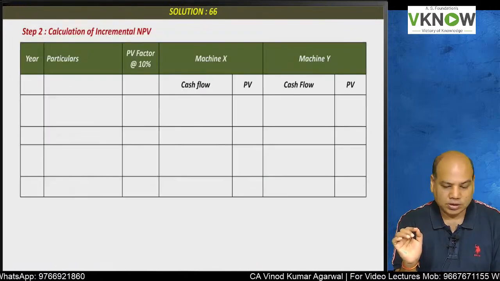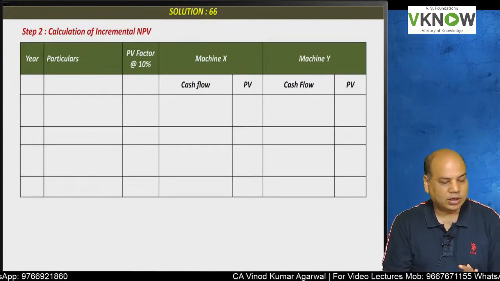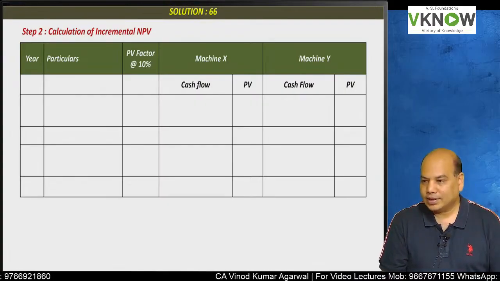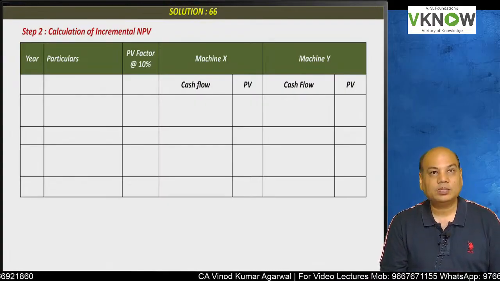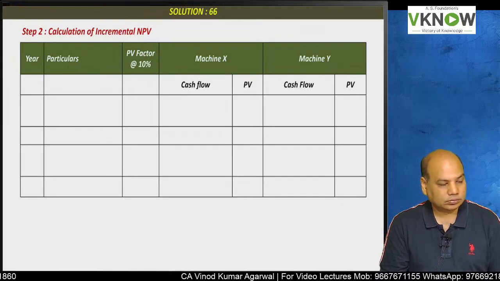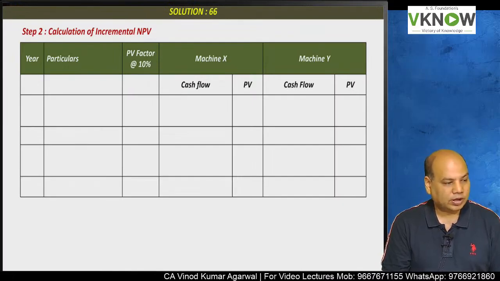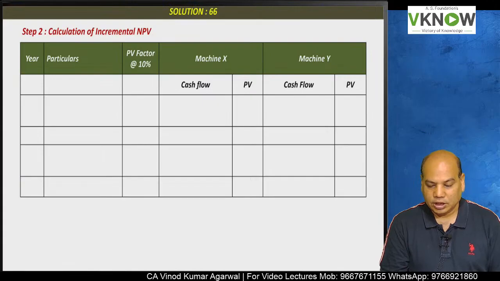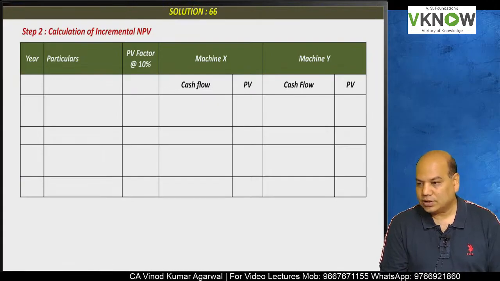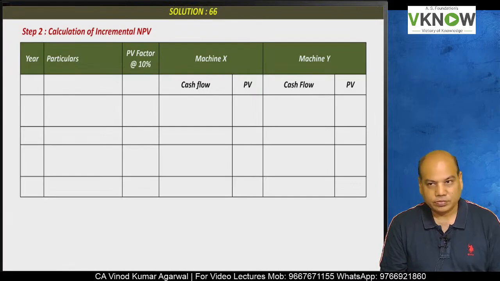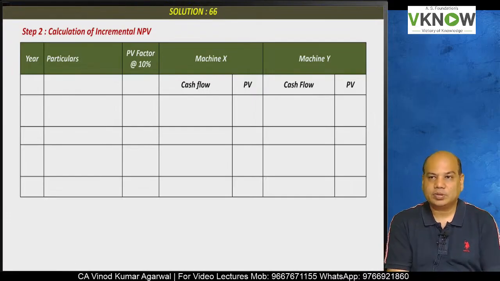Step number 2, write calculation of incremental NPV. I have drawn this table with total 7 columns: year, particulars, PV factor at 10%.